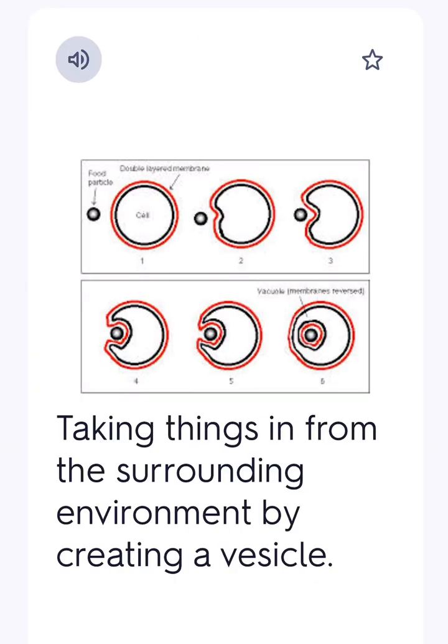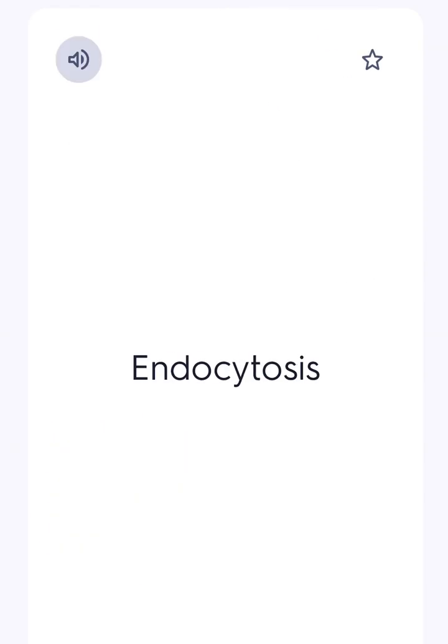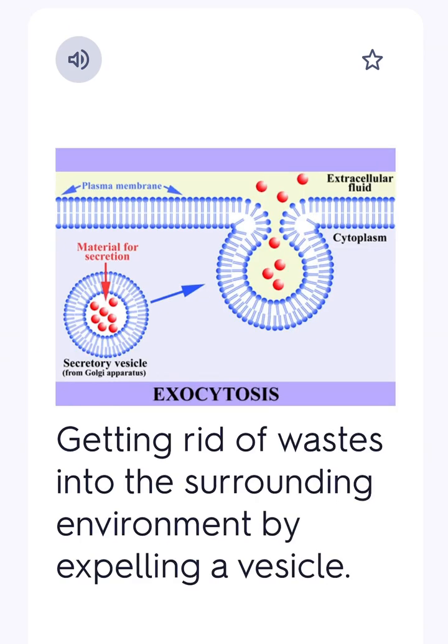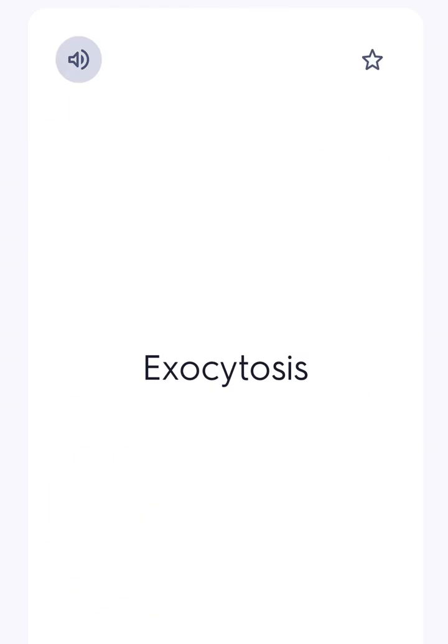Taking things in from the surrounding environment by creating a vesicle: endocytosis. Getting rid of wastes into the surrounding environment by expelling a vesicle: exocytosis.